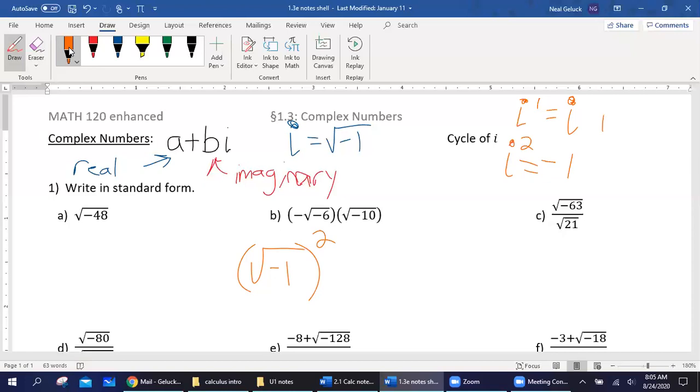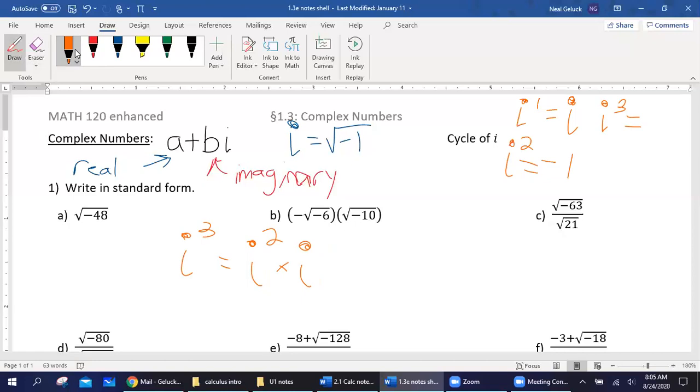i to the third, well, let's think about it. I'm going to think of as i squared times i. That would give me 3 i's total.